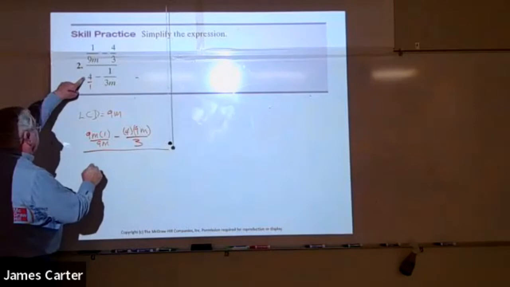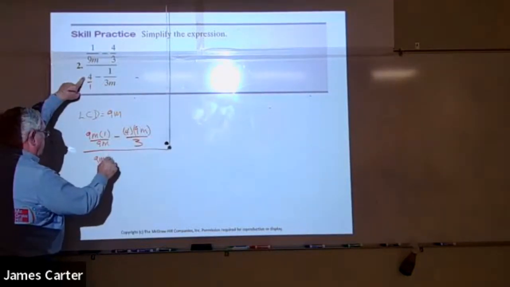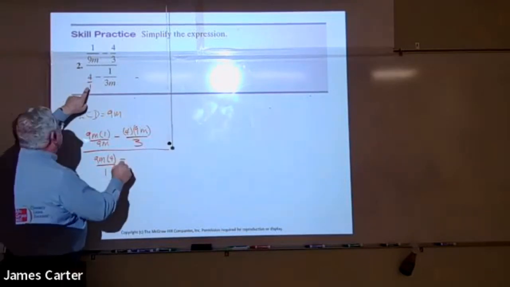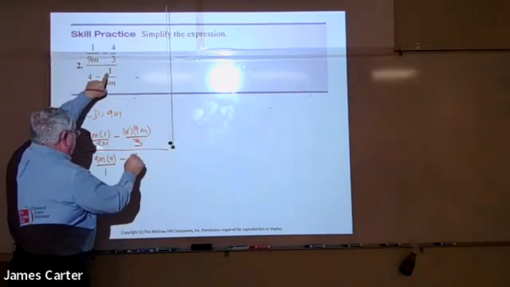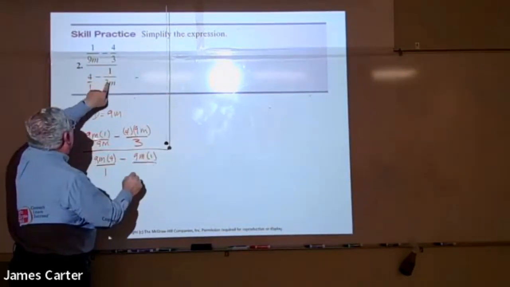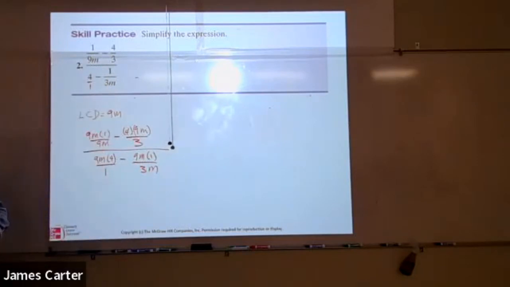Now I'm going to take 9m times the 4 over 1, minus 9m times the 1 over 3m. Okay.